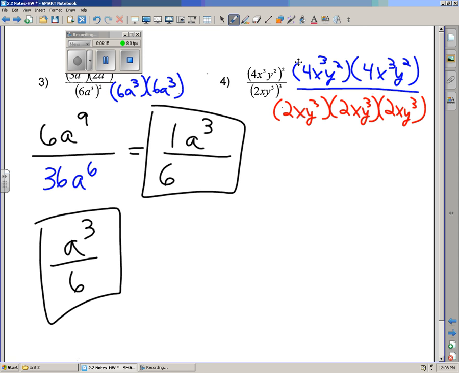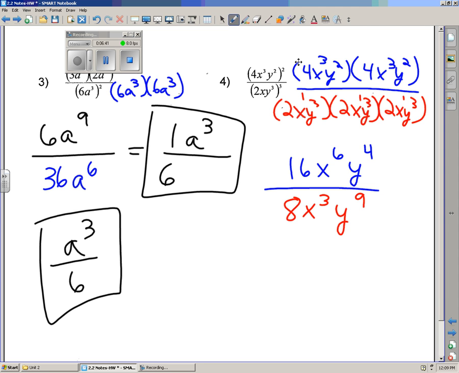If we simplify the numerator, 4 times 4 is 16, x cubed and x cubed, x to the 6th, y squared, y to the 4th. In the denominator, 2 times 2 is 4 times 2 more is 8. X, and x, remember those are all exponents of 1s. So x to the third, and y cubed, y cubed, y cubed is y to the 9th.